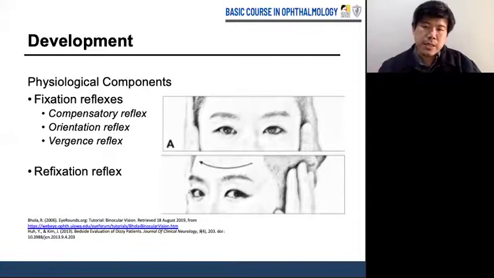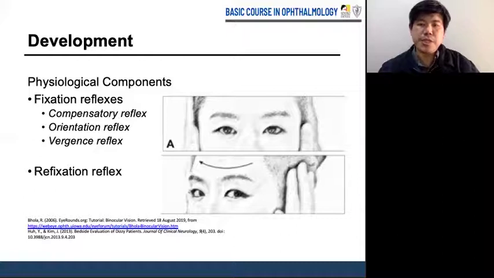The second one is the orientation fixation reflex, which can be demonstrated by the eye following a moving object or panorama, thus exhibiting a comparatively slow movement of continued fixation and not a rapid jerk fixation. So this reflex relates to the horizontal axis.